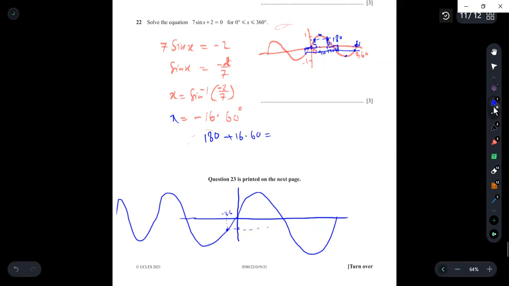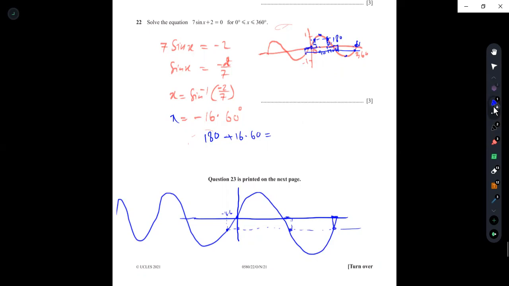So the same y value is everywhere on this line, here as well as here. The x values are of the same distance from this point. This is 16, so this should also be 16. I did not draw this accurately, but still, due to symmetry of the graph, we can say this is 16, not exactly 16, 16.6. So we can add or subtract accordingly to get the final answer.